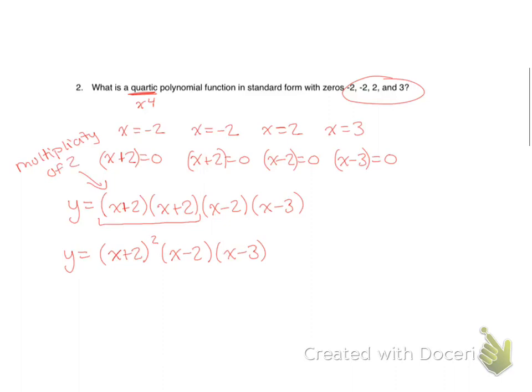So that 0 happens twice. Okay? So if it's an even multiplicity, what is it going to do on the graph? It's going to bounce. So at x equals -2, that should bounce off the graph. So your next problem is to graph both of these functions. Okay?